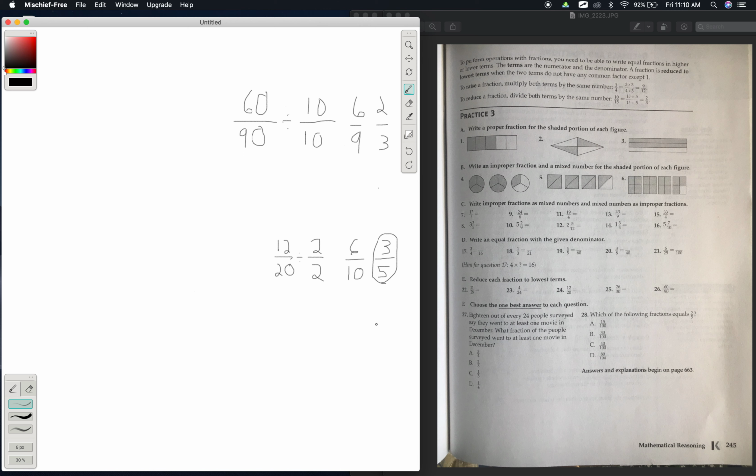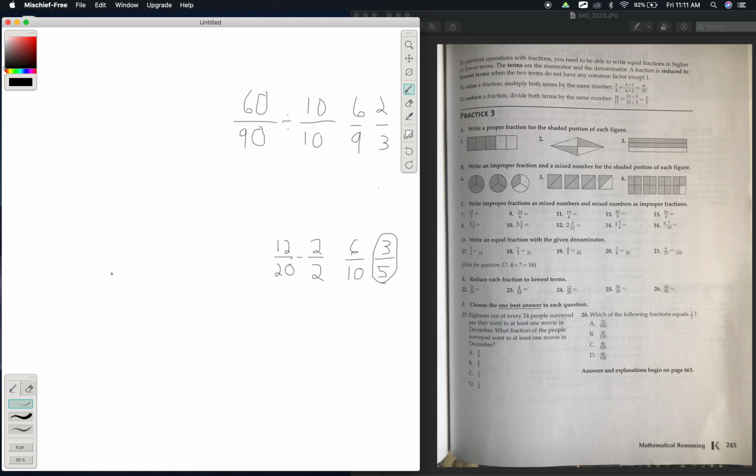Okay, so for the last couple here, 18 out of every 24 people surveyed say they went to at least one movie in December. What fraction of people surveyed went to at least one movie in December?